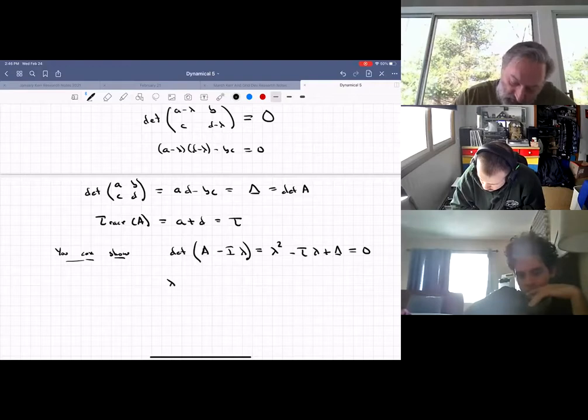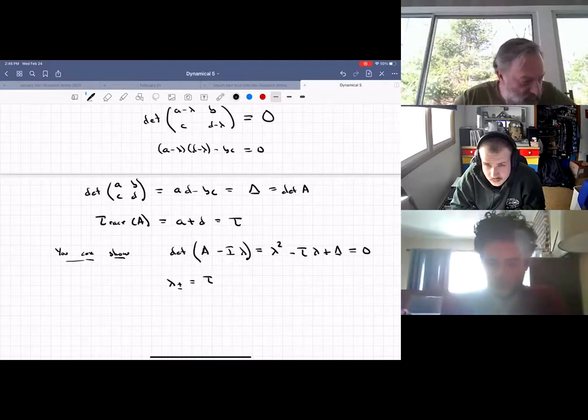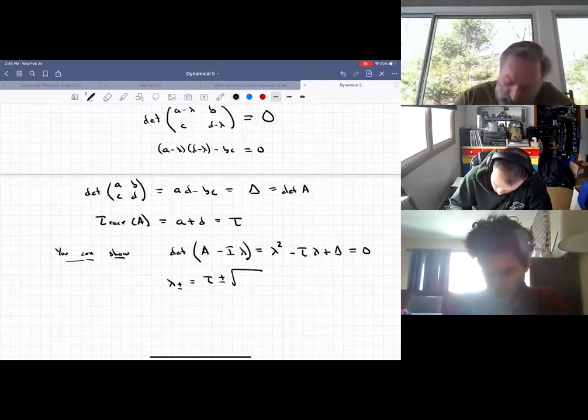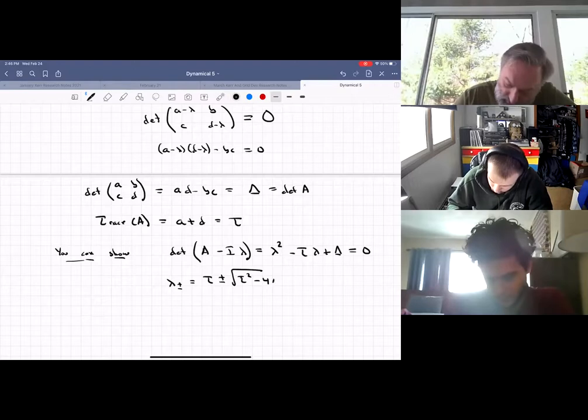And so that tells you that the eigenvalues are the trace plus or minus the square root of the trace squared minus 4 times the determinant, over 2.